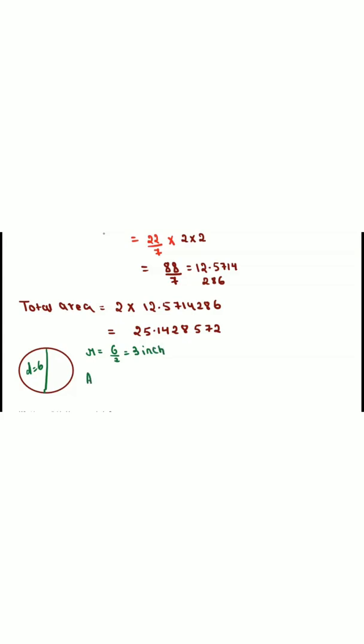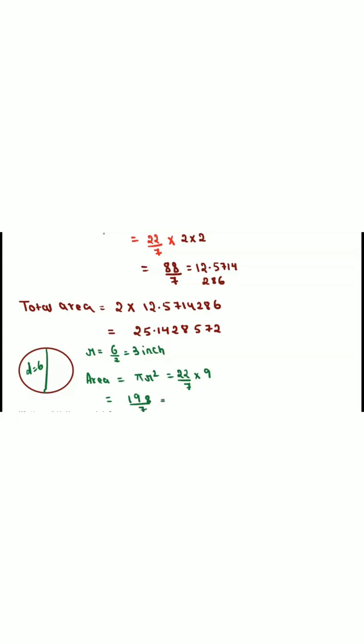Now we will calculate the area here also, right? So the area of this pizza will be using the same formula, pi r square. Pi is 22 upon 7 and r is 3. So 3 into 3, which is 9. So we are basically getting 22 into 9 upon 7. This will become 9 into 2, 18, carry 1, and 9 into 2, 18, this one, 198 divided by 7.